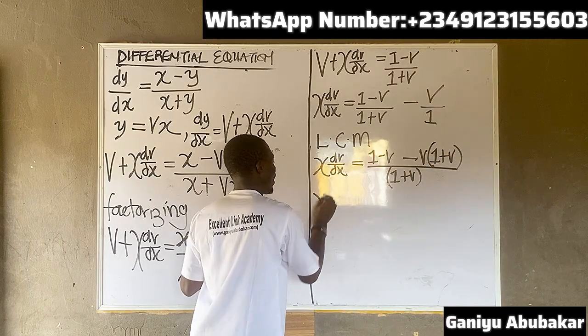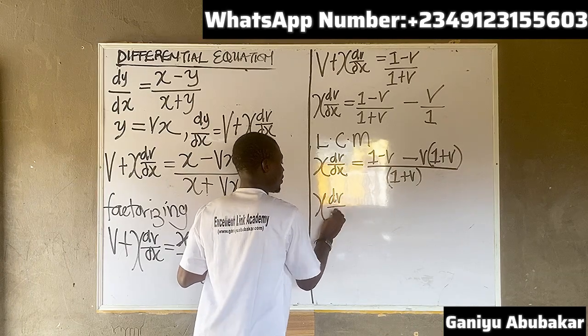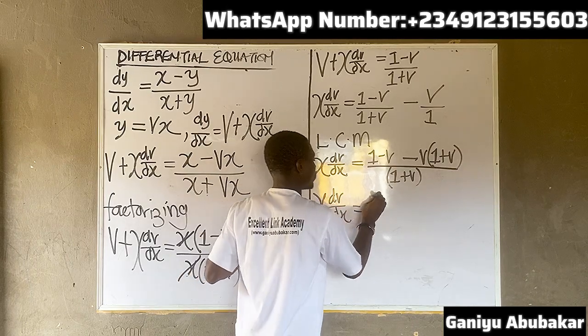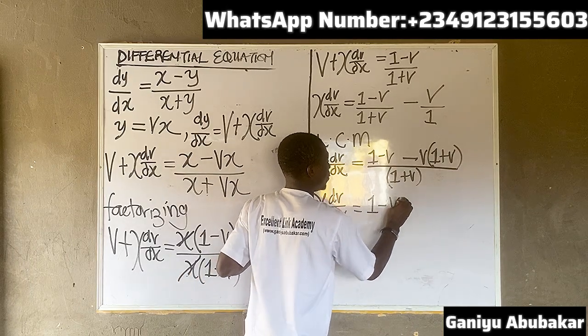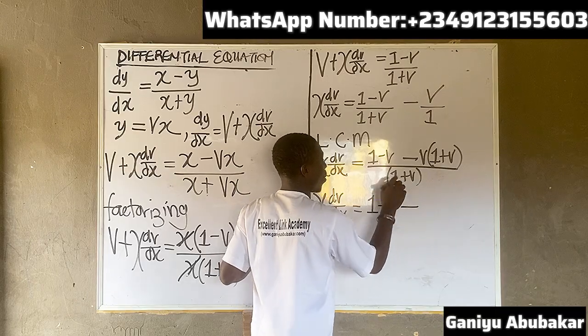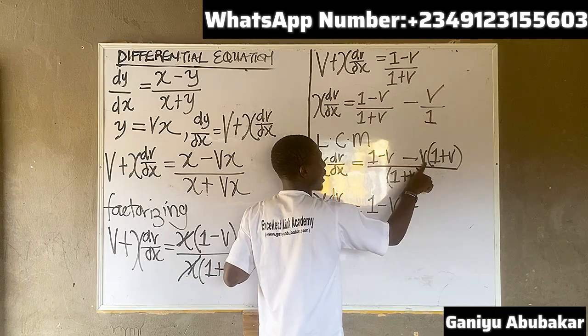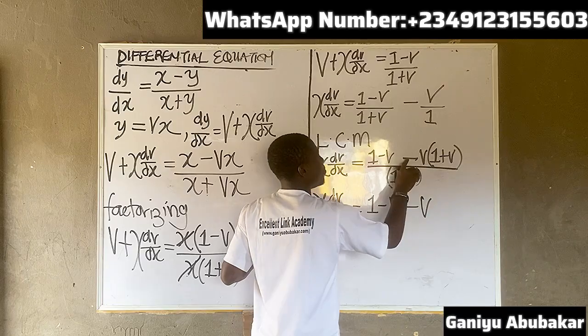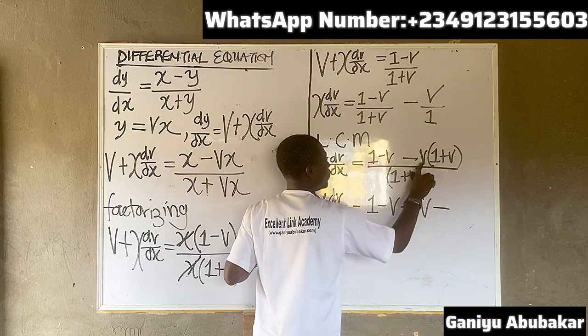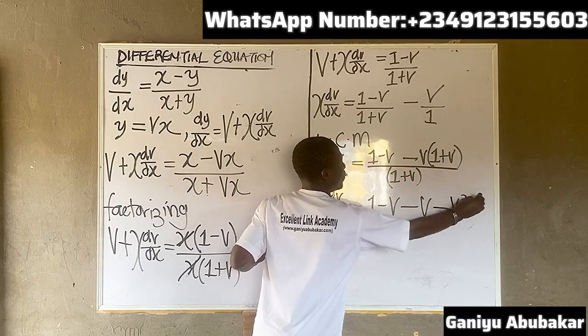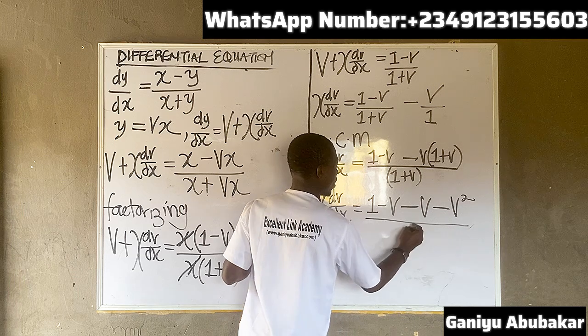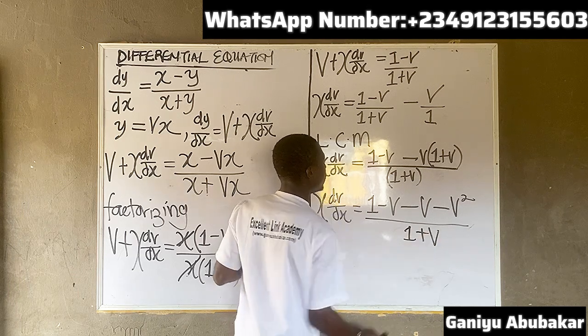So it gives you x dv over dx equals 1 minus v minus v times 1 gives you minus v, minus times plus is minus, v times v gives you v squared, all over 1 plus v.